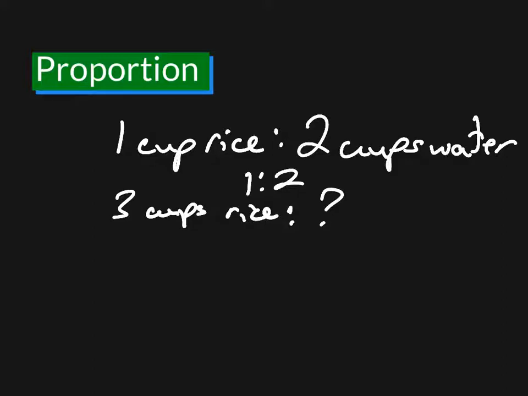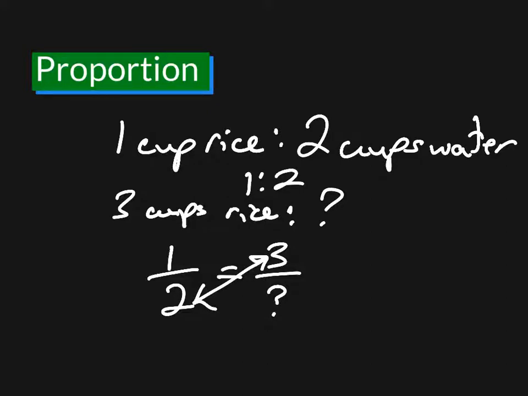Okay, so to solve proportions, what we do first of all is set up the ratio. So we've got 1 to 2 is going to be equal to 3 to something. And because they're equivalent, that's what proportion is, we're going to cross multiply.